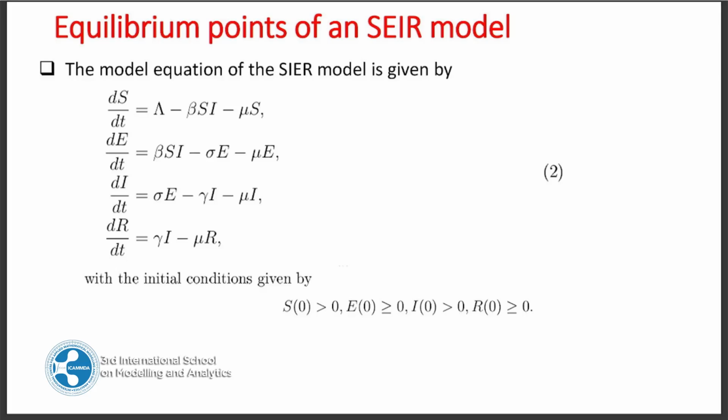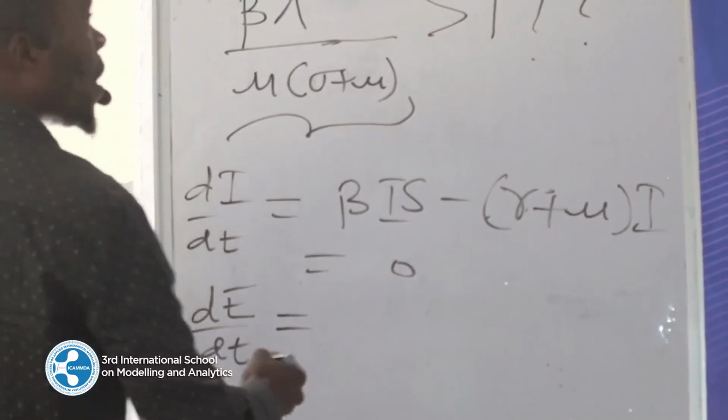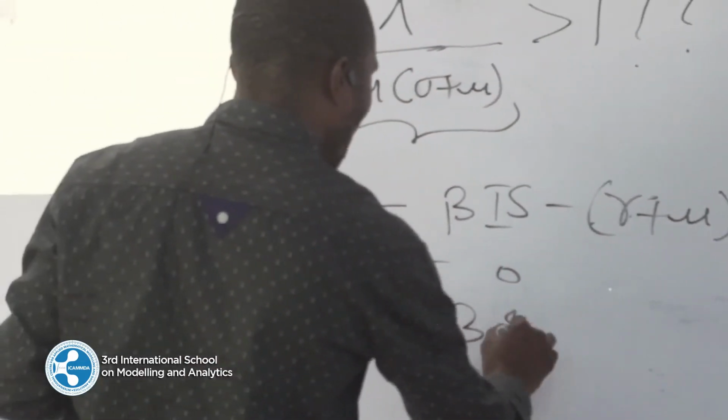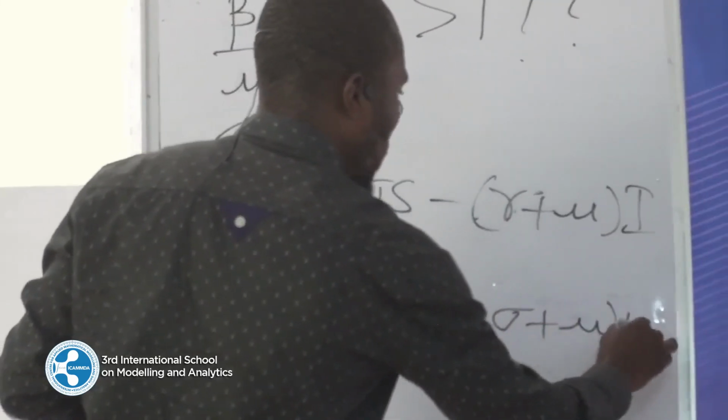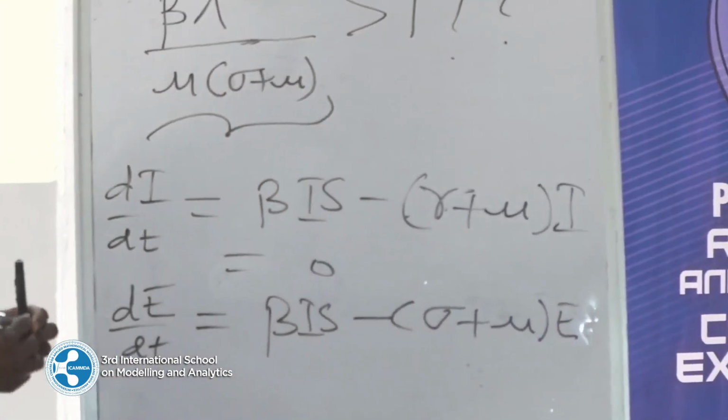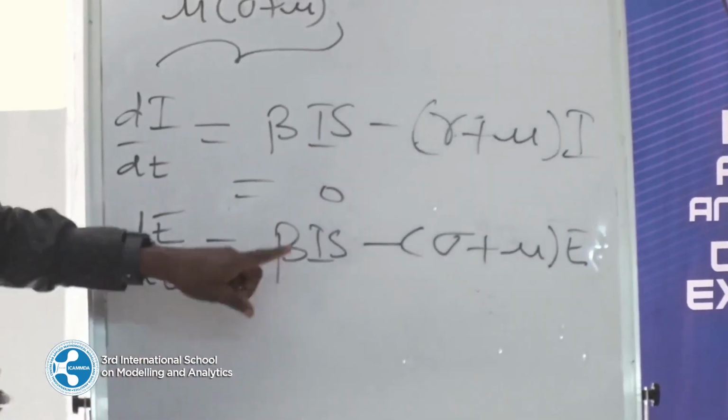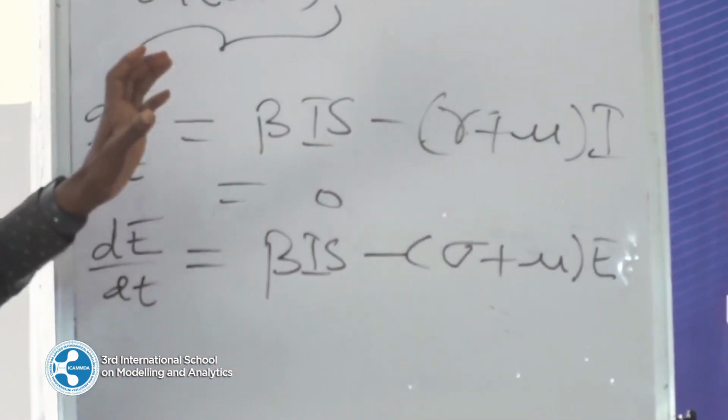Do we have a common factor there? In the dE/dt, look at the dE/dt. E is not common because we have beta SI minus sigma plus mu E. If you look at this, it's not common.